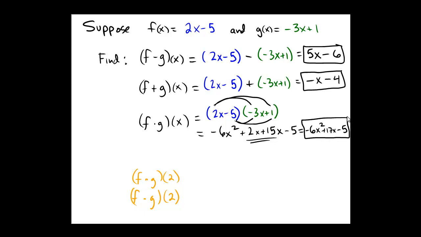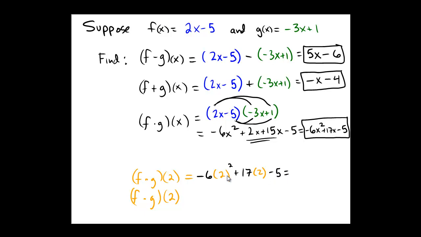Okay, now as a last little interesting tidbit, let's take the product fg of 2 in two different ways. Way number one will be to perform the f times g of x function that we have up here by replacing x with 2. So we get negative 6 multiplied by 2 squared plus 17 times 2 and then minus 5.